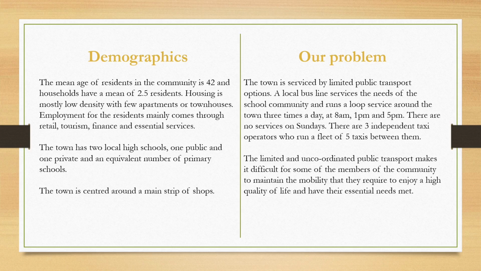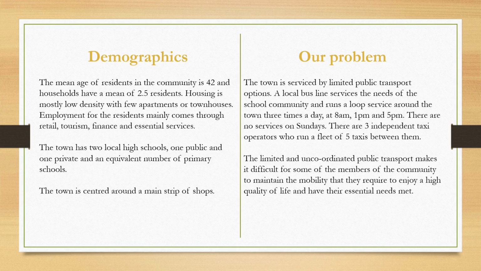The town has a mean age for residents of 42 years old, with about 2.5 residents per household. It's mostly low density housing with a few apartments or townhouses, so it's mainly suburban. Employment for the residents comes mainly through retail, tourism, finance, and essential services. It's got 2 local high schools, 1 public, 1 private, and the equivalent number of primary schools. The town is centered around a main strip of shops.